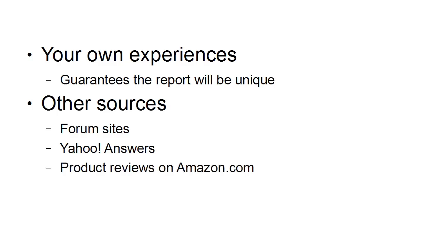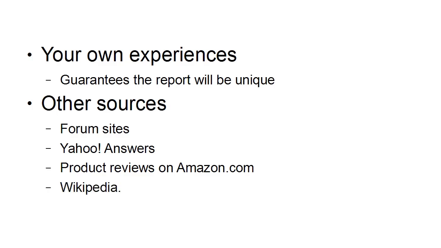Product reviews on Amazon.com are always a great place to look for information, particularly if your report is on a software product or some other type of physical product. You can get the feedback from people who've actually bought and used the product, and again base your report on those.